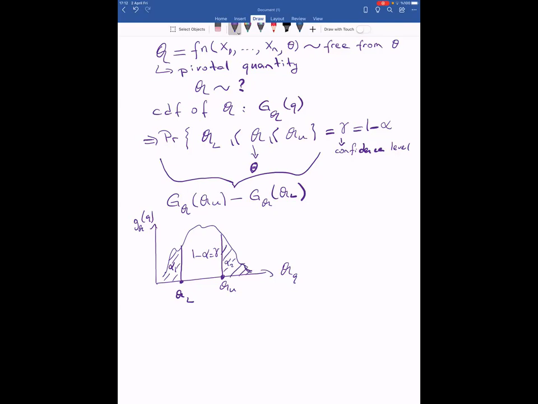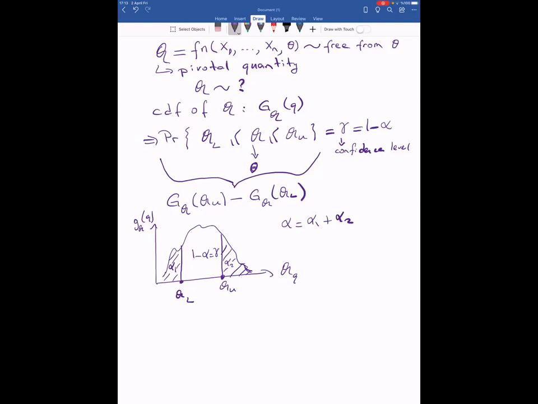Then we assume that alpha equals alpha 1 plus alpha 2. So we can define equal tail probabilities. We can write alpha 1 and alpha 2 equal to alpha over 2. We saw that in the previous class: this minimizes the expected length when we choose alpha 1 and alpha 2 equal to each other.